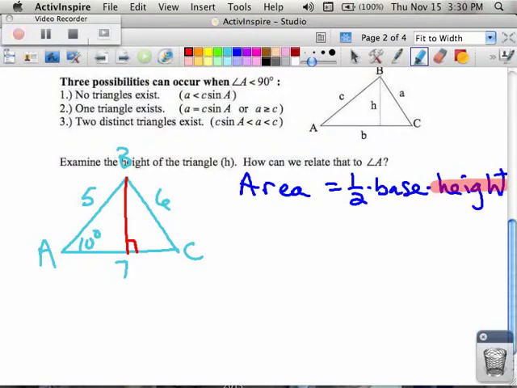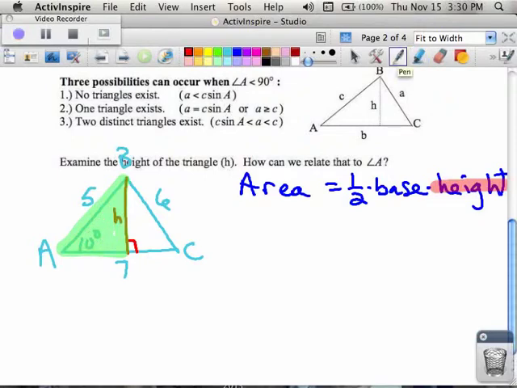One of the things I could do is figure out that height if I wanted to. So let's say I label this h for the height. Take a look at the left-hand side of this triangle over here, or in other words, this part of the blue triangle. It is its own little separate triangle.